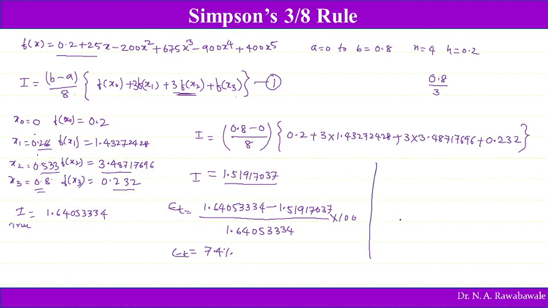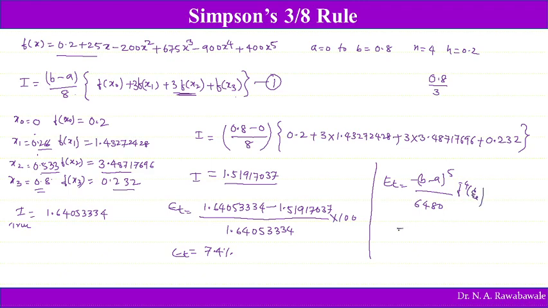And the truncation error, which is given by Simpson's 3/8 rule, is minus b minus a to the power of 5 divided by 6480 into f dash of fourth zeta.